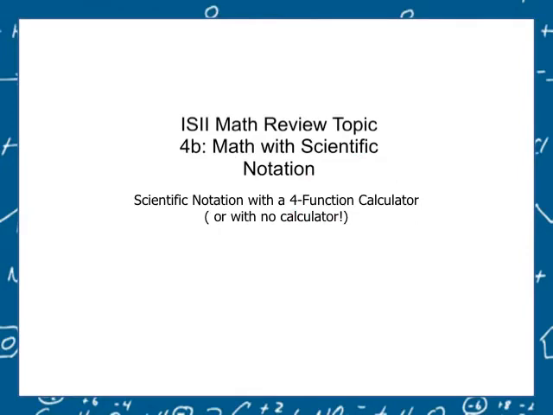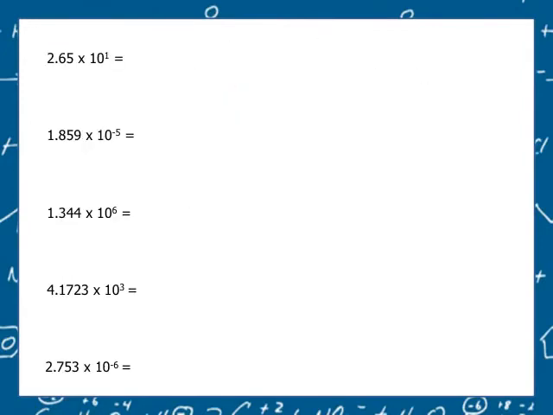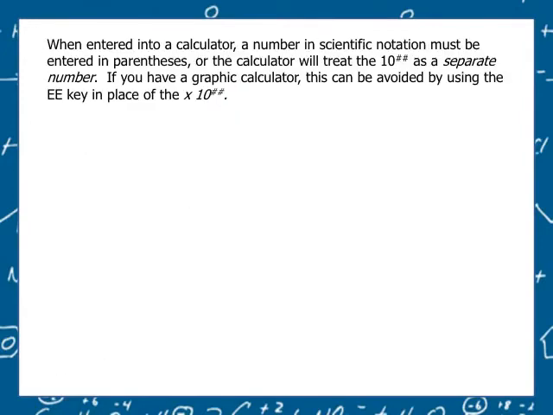So let's skip ahead to where the video, skip through these. I am going to tell you here, just because so many people ask, how to properly type this in if you have a calculator, and then we'll get to doing the math without a calculator.